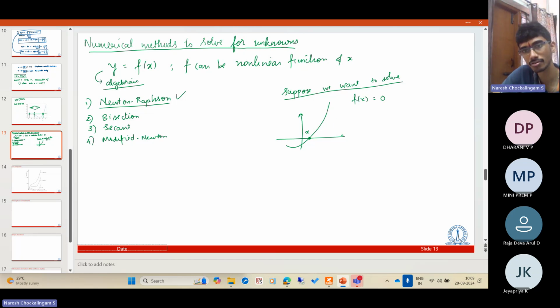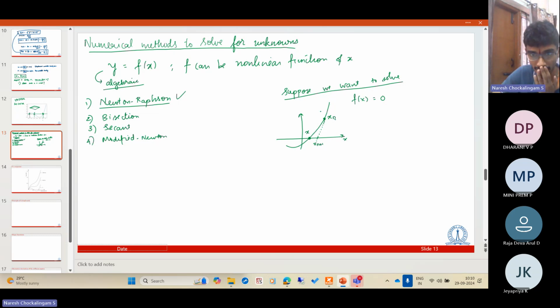So you start with an estimate, somewhere close to the root. You cannot find where the function is crossing the x-axis, but you can find where its tangent is crossing the x-axis. So suppose this is xn, and you approximate the root as the point where its tangent crosses the x-axis. Let us say this is xn plus 1.